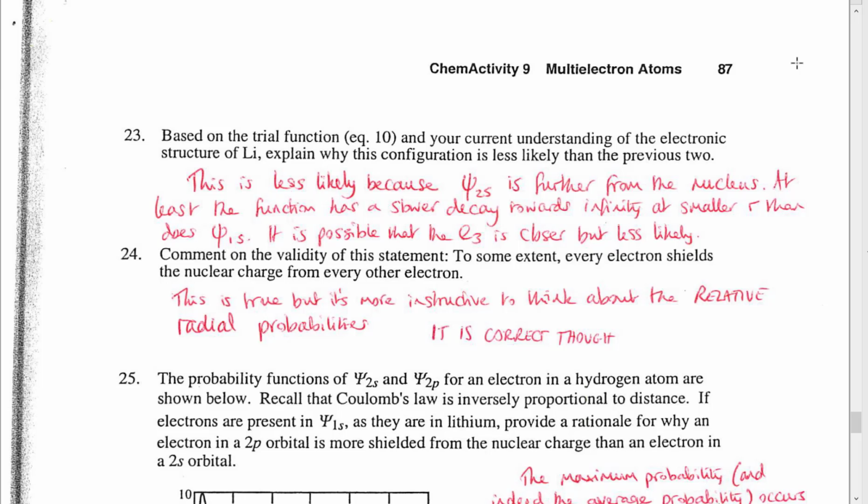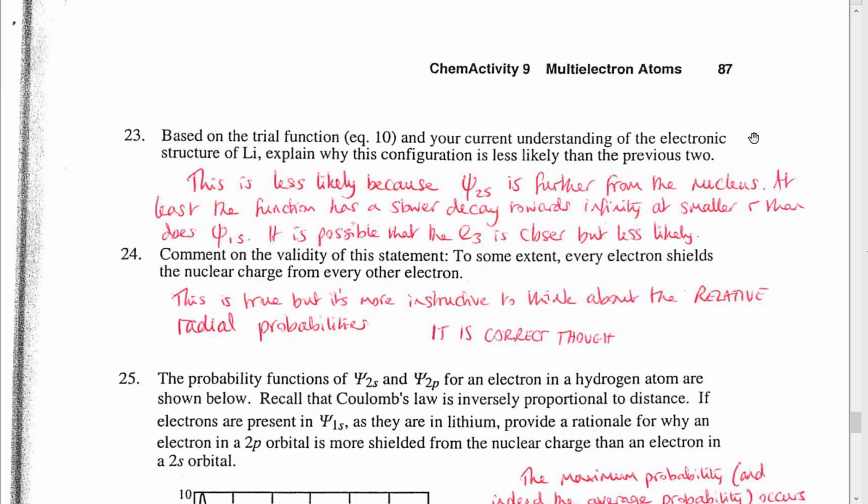And of course, because we already recognize from general chemistry that the psi 2s wave function, and we've seen this in the radial distribution function, is further from the nucleus. We also recognize, of course, that this is probability, so it is possible that the electron could be closer, but it's less likely. And again, we've got this smearing out of the electron based on what we think the probability density is telling us. Critical thinking question 24, again, lives up to its name.